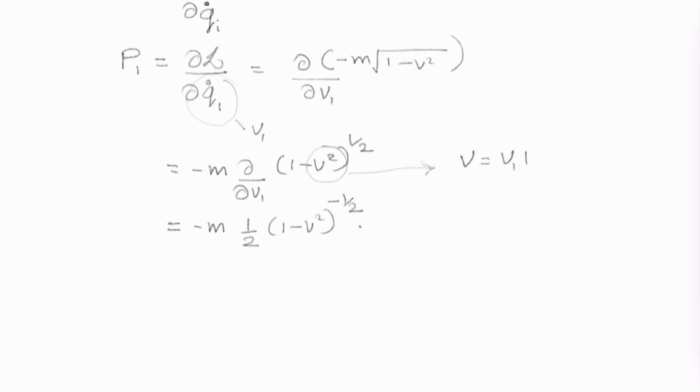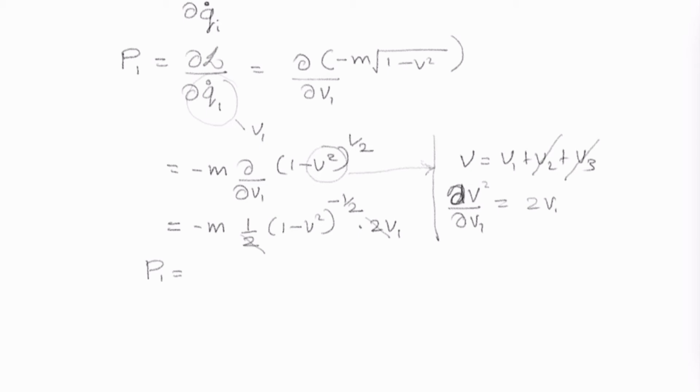And we'll differentiate what is inside the bracket. So 1 is 0. V squared is v_1 squared plus v_2 squared plus v_3 squared. When we partial differentiate this with respect to v_1, because v_2 and v_3 are perpendicular to v_1, these become 0. So the answer is 2 times v_1. So multiplied by 2 v_1, the 2 cancels off.